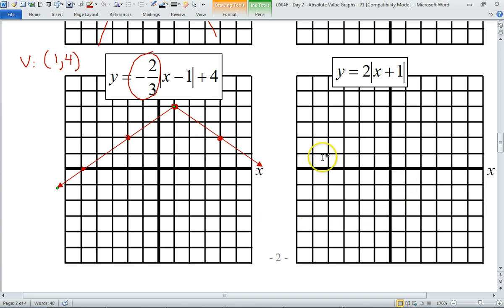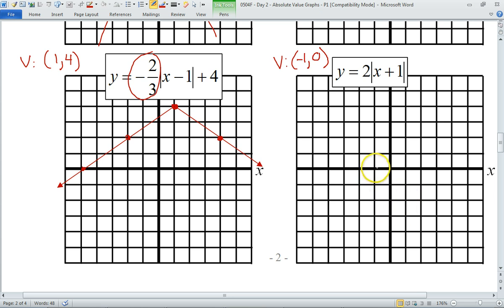Okay, Irvine, tough one for you. Tell me what the vertex is for this guy. -1, comma 0, correct. Because there is no number outside, that one's a 0.